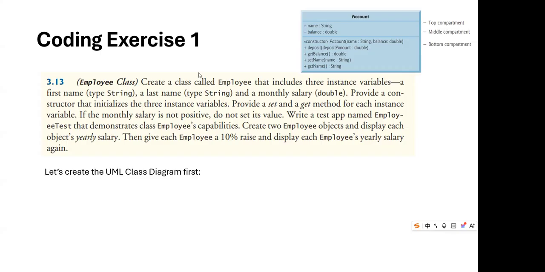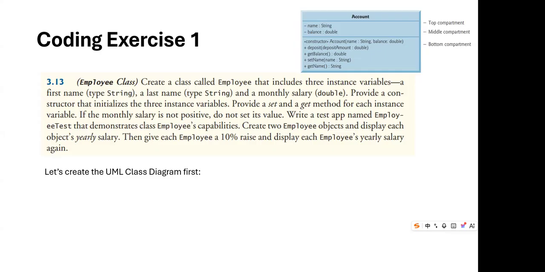It's asking us to create a class called Employee that includes three instance variables. A first name, the type is string. A last name, the type is string. And a monthly salary, the type now is double. It also asked us to provide a constructor that initializes the three instance variables, and we should provide a set and a get method for each instance variable also.